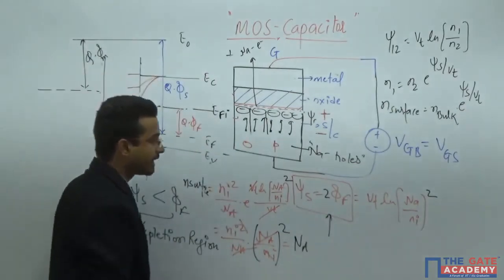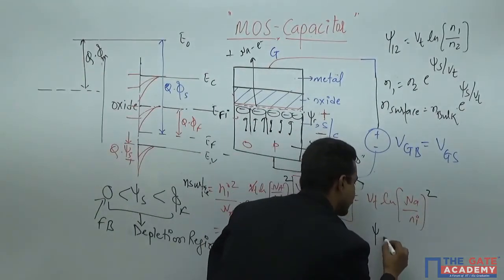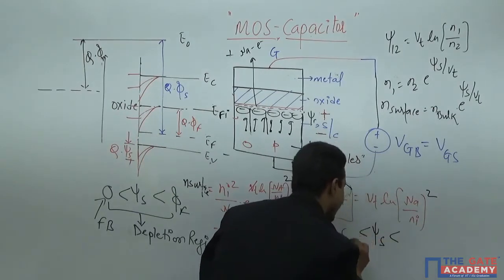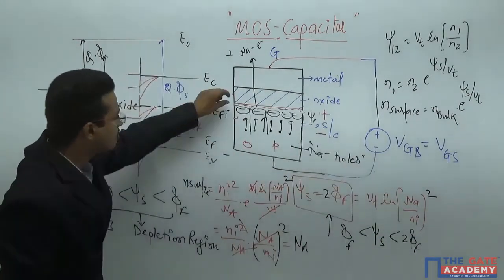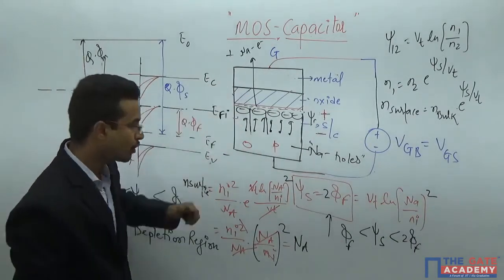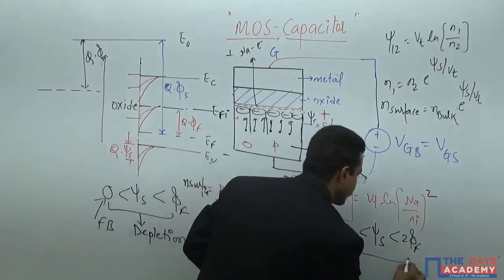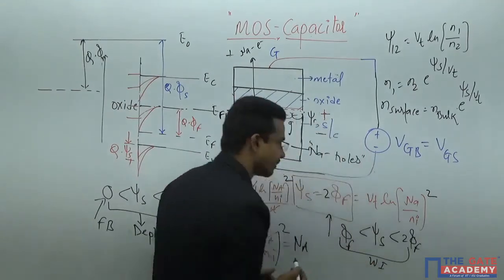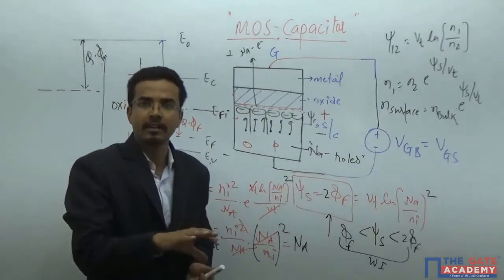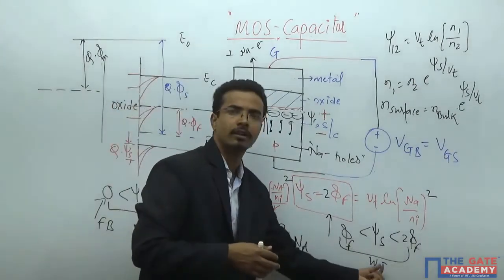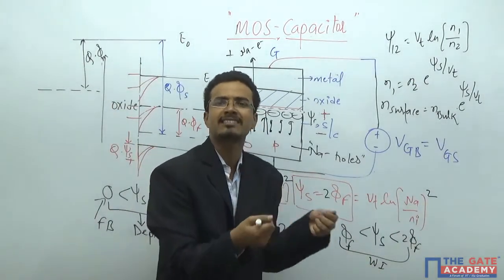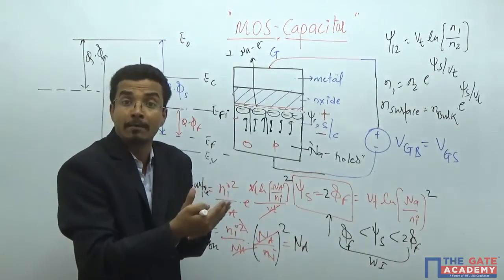So, whenever you are increasing the value of psi s from phi f to 2 phi f, but the number of charges is less, you are saying that this region is the weak inversion region. Because you have inverted the channel, but the number is very poor. So weak inversion. The number is increasing but in a very small amount in the opposite type of polarity.